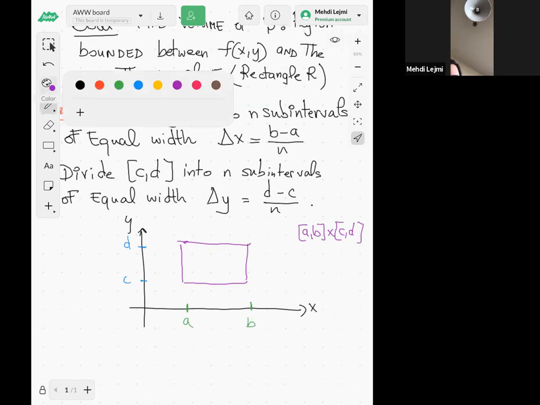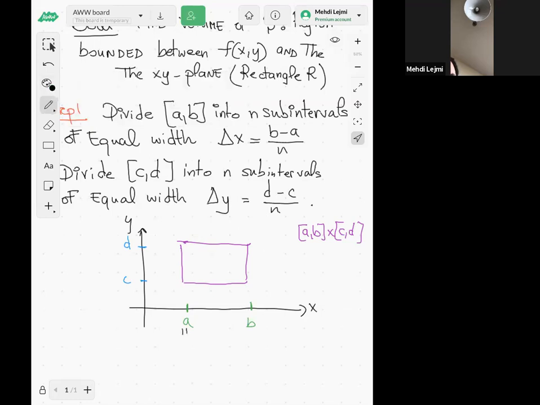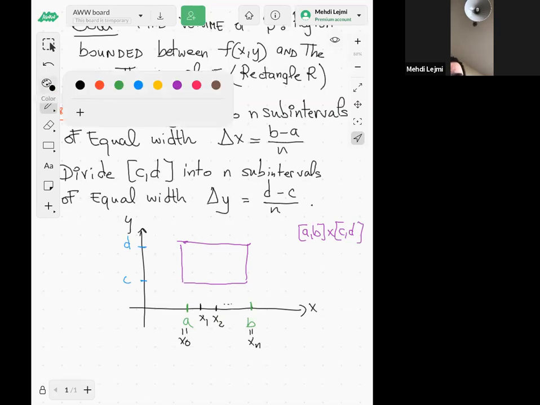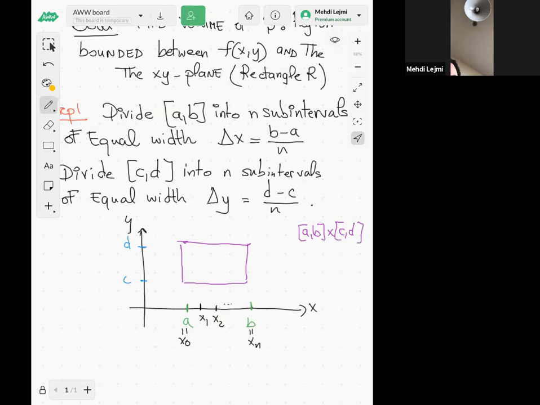As usual, A is x0, this is x1, this is x2, etc., and B would be xn. The length of each subinterval is delta x. Now do the same for the interval CD.